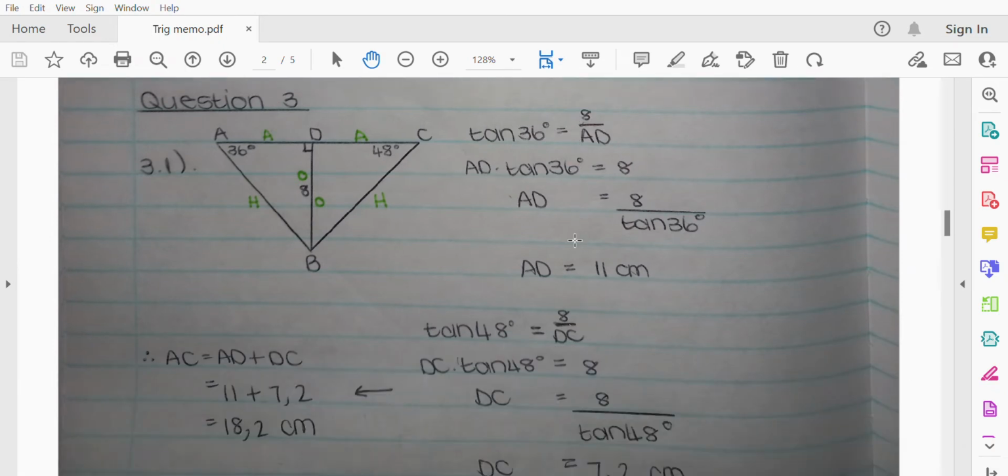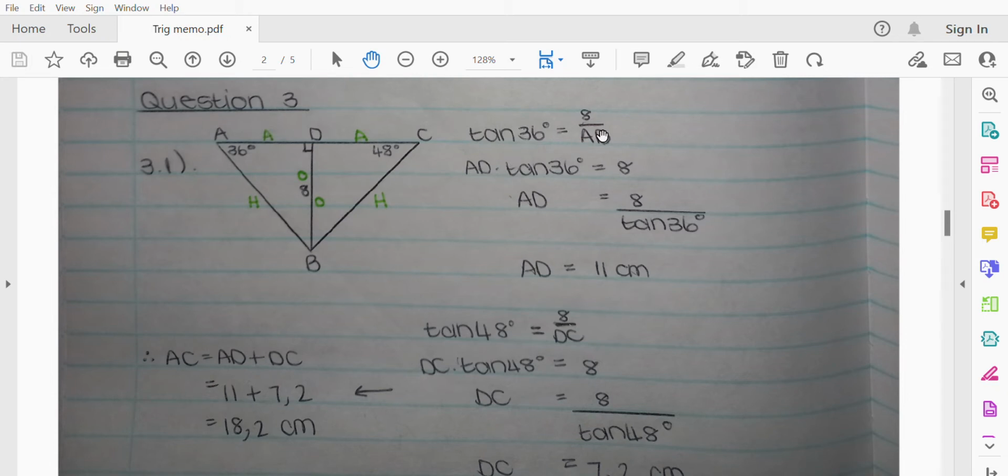Okay, dan vraag 3 het julle mos my begin in die klas. I told you to calculate AC. Nou dis daar hele boonste sy, né? So I said divide this big triangle into two smaller triangles. So as ek gaan werk met hierdie klein driehoekie links, gaan ek sê tan 36 beteken ek gebruik oorstaande wat 8 is op AD.